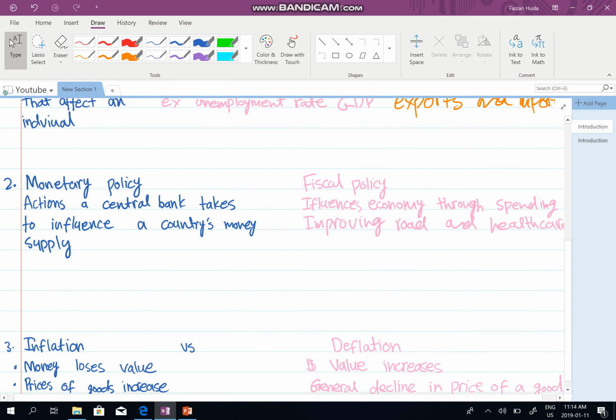Moving on, now we will talk about what monetary policy means. Monetary policy means an action a central bank takes to influence a country's economy or money supply. In Canada, our central bank is called the Bank of Canada.